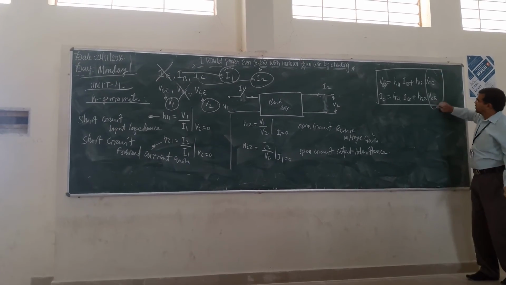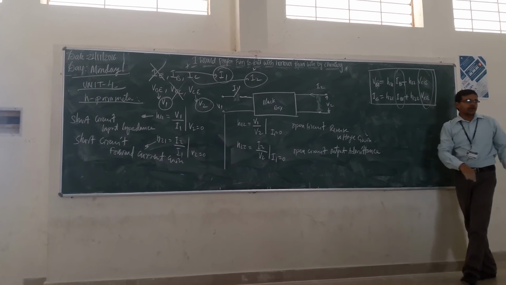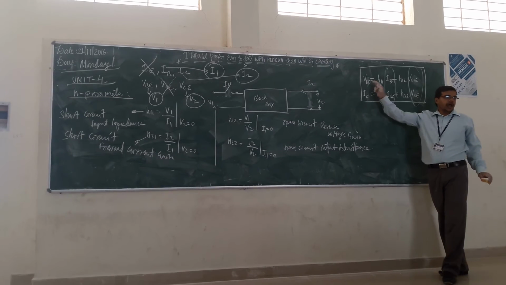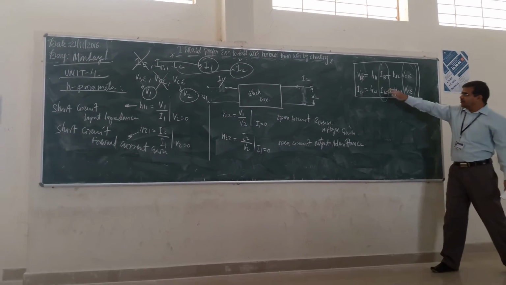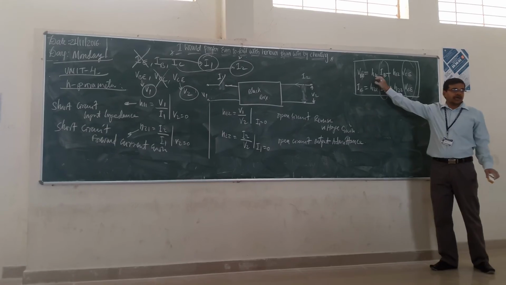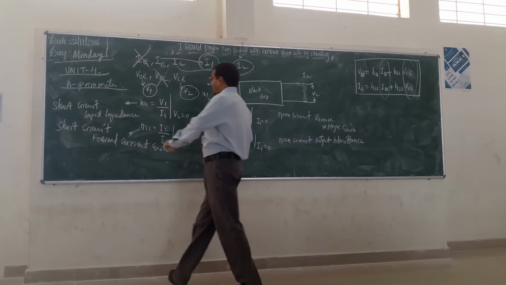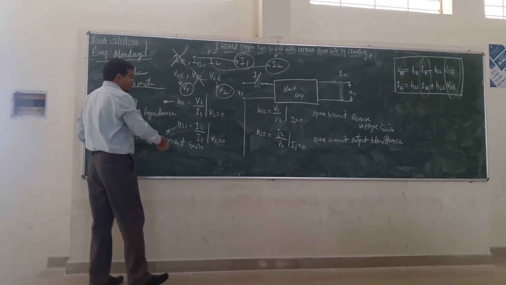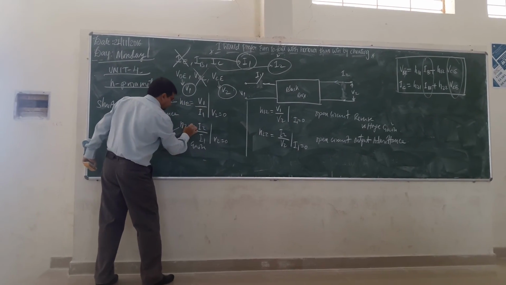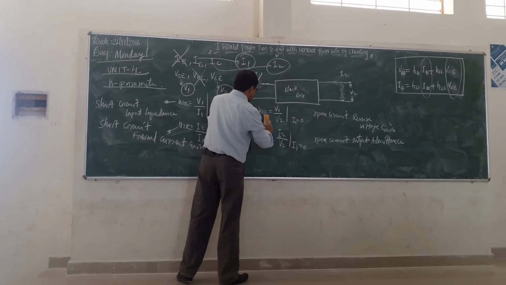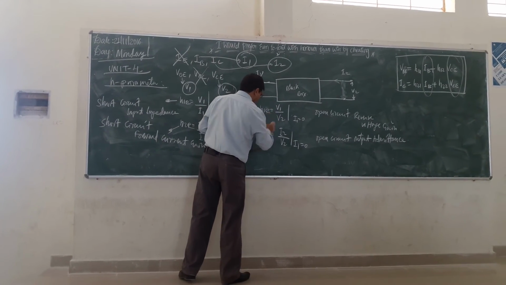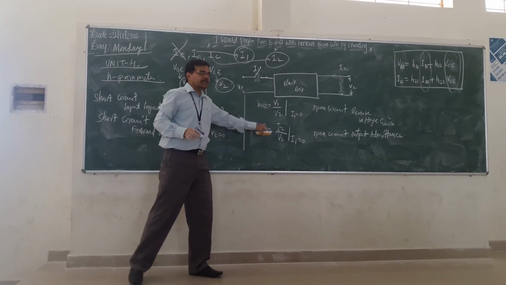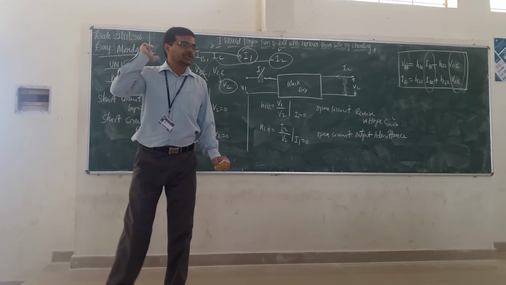So here these two are independent variables and these two are dependent variables. But since we are going for common emitter configuration, we will make all these small e. Small e represents that it is your common emitter configuration.